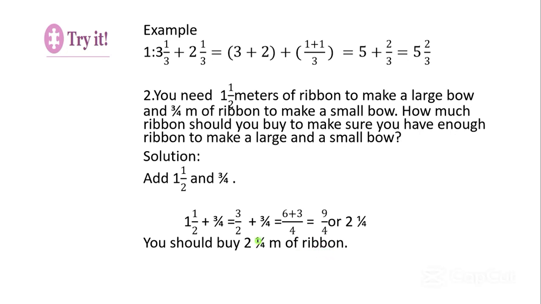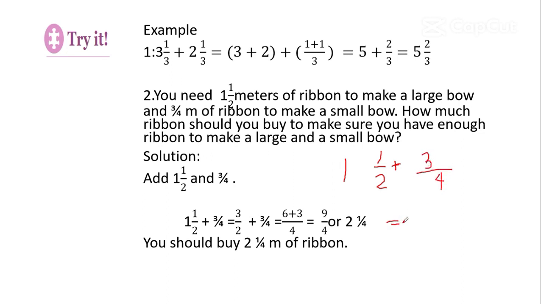Understood? But if you use the first method, you just copy the whole number first, and then you still use your LCD. I'll use a pen. So 1 and 1/2 plus 3 over 4.